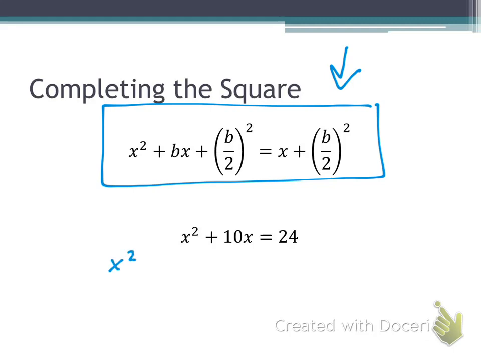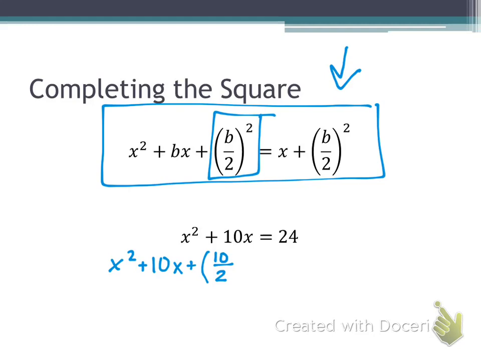I'm going to write x squared plus 10x. Now, this is where this part of the formula comes into play. I look at b. b is always the number in front of x, which is 10 in this case. So I write plus b, 10, divided by 2. It will always be divided by 2.